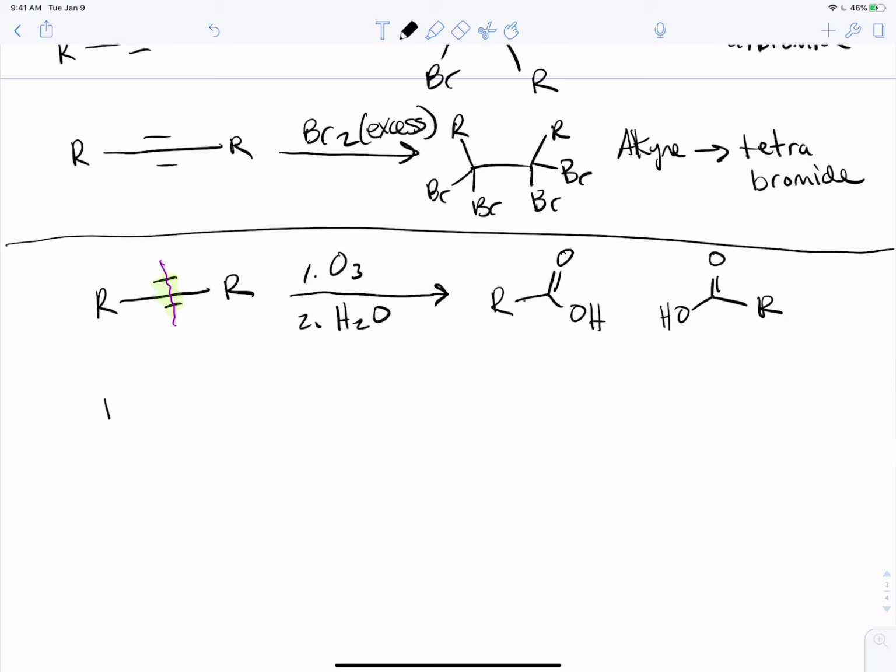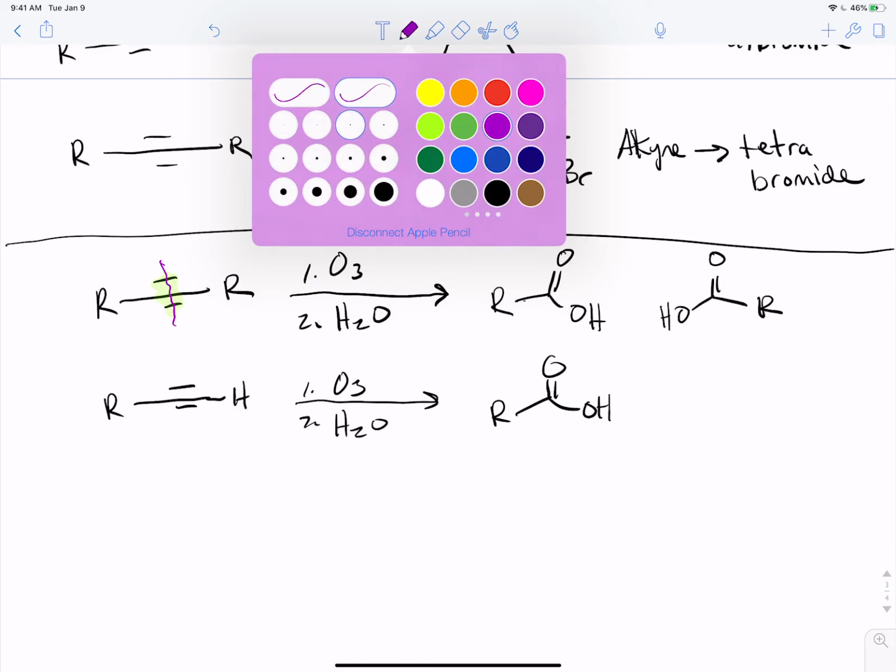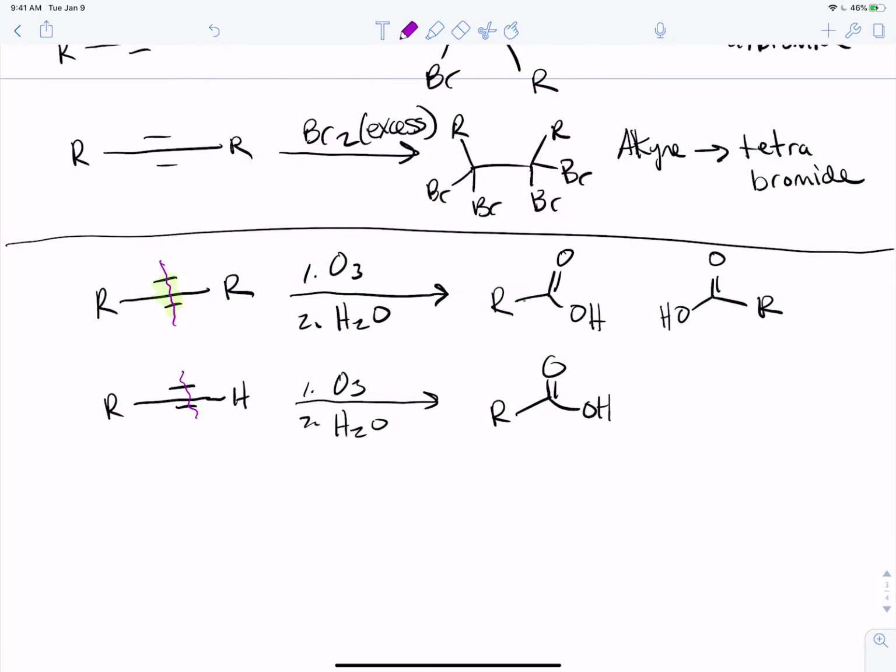If we have instead a terminal alkyne and not an internal one, again, we'll get a carboxylic acid, but what are we going to get on this other side when we do the split?